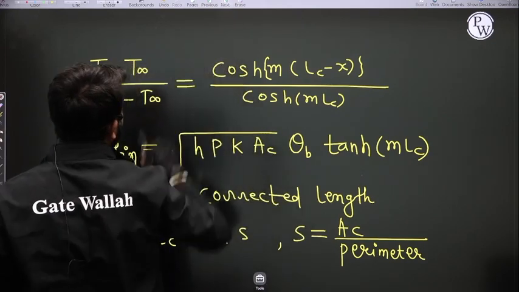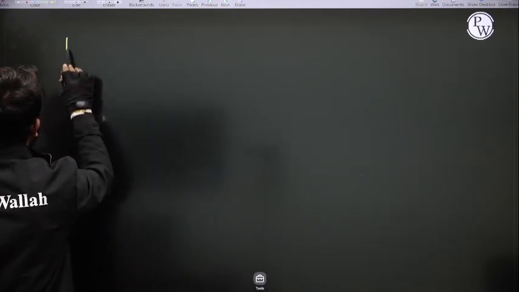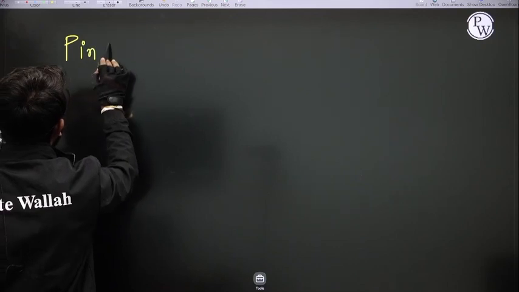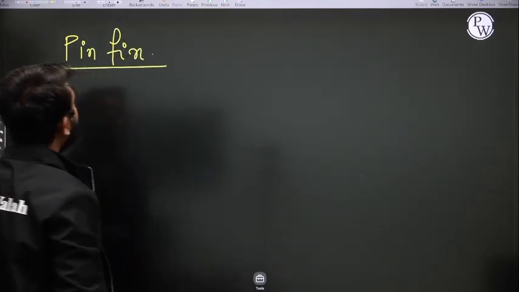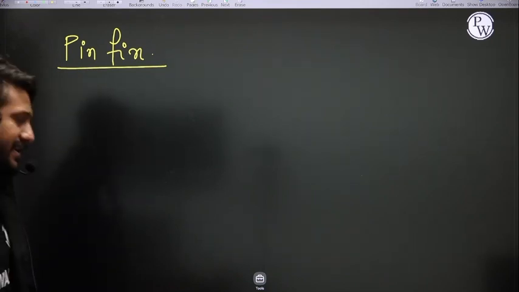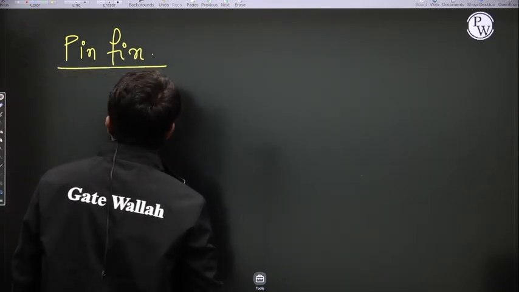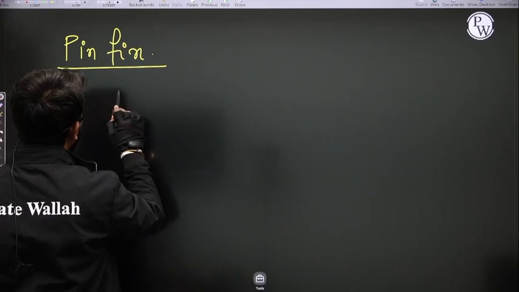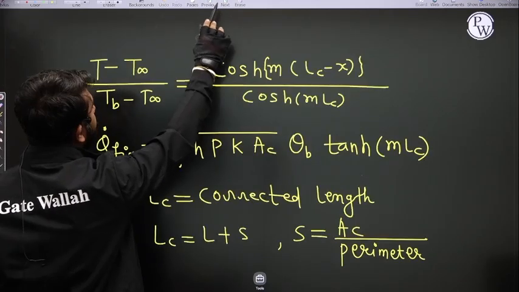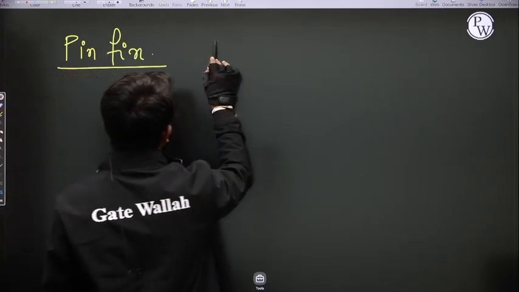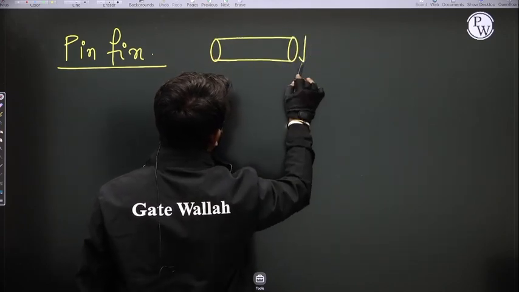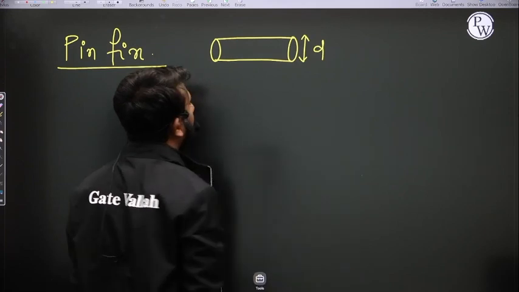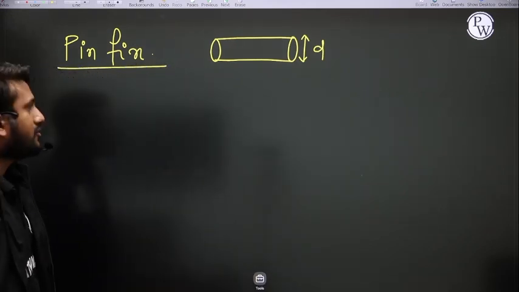So if there is a pin fin, that means a circular cross-section fin. If the diameter of this pin fin is D, then what is S?